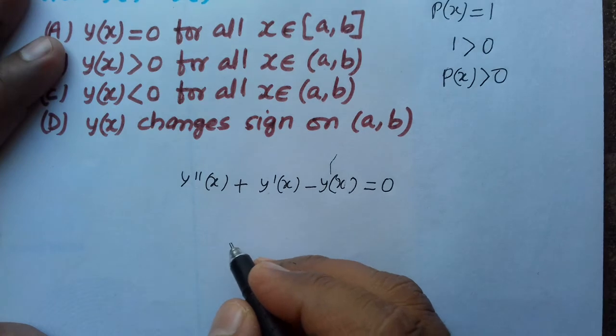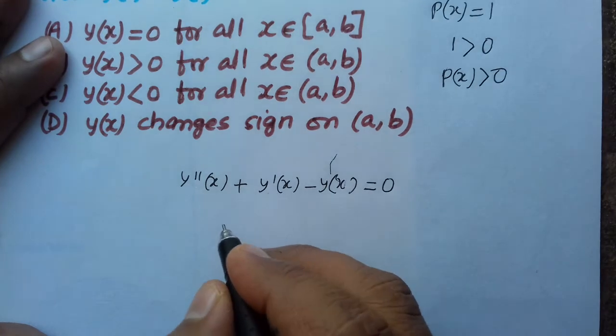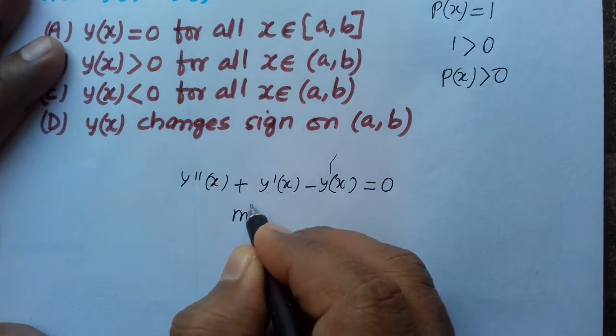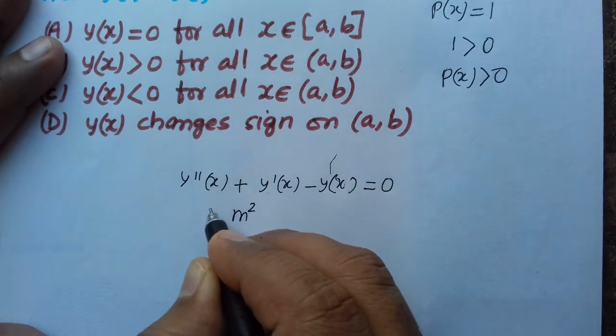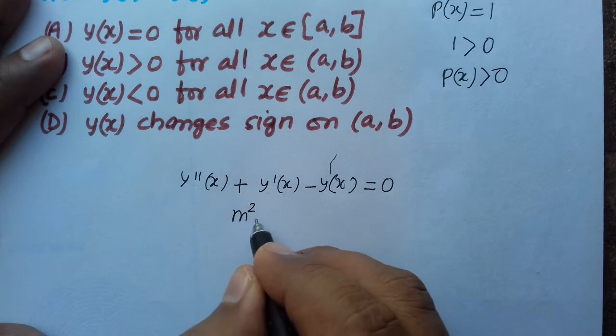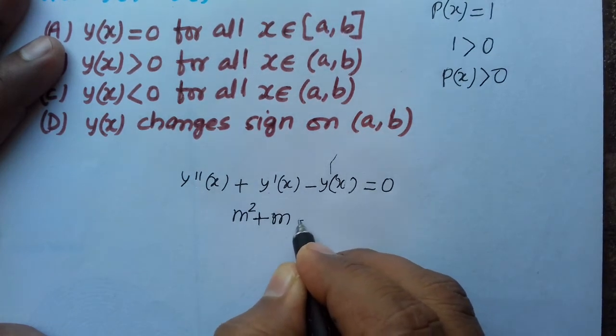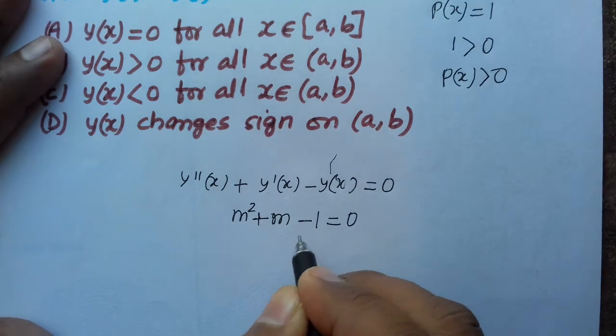Now corresponding to this differential equation, we write an equation. We write m square here for the second derivative, and here is the first, so m, and here will be minus 1, equals 0.